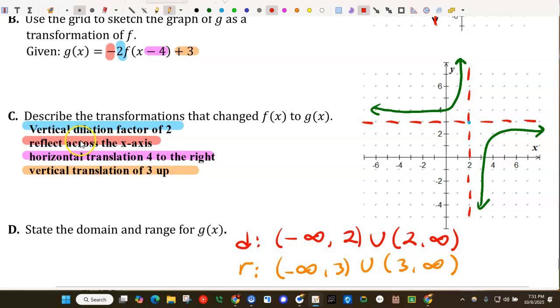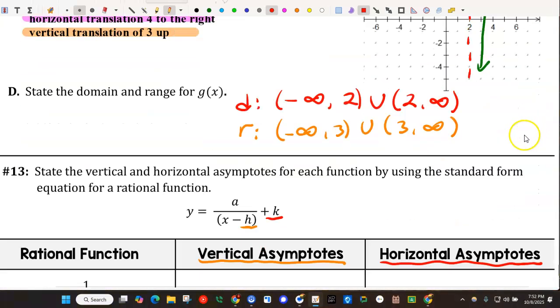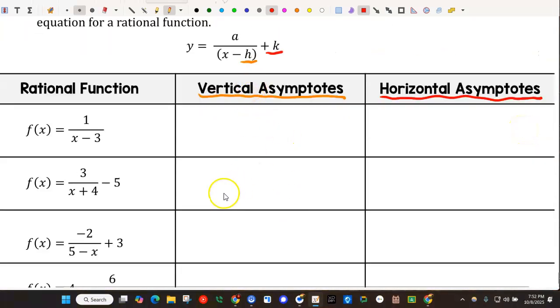When we translated left and right, that moved our vertical asymptote. So moving left and right changes the vertical asymptote. Because you might look at this and say, well, if I move it horizontally, does that change the horizontal asymptote? And it doesn't. Same thing here. If we move up 3, we went from here to here, that changed the horizontal. So the vertical translation changes the horizontal asymptote. Okay, just in case you're looking at that and it seems a little off.